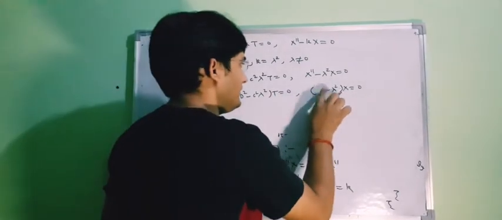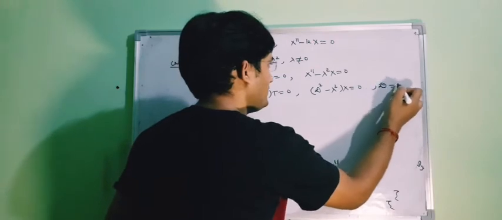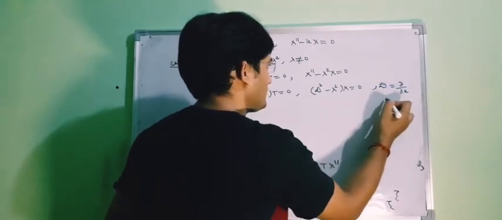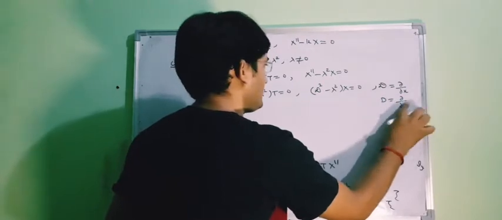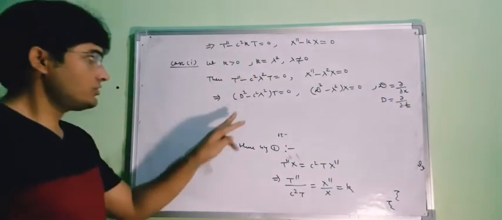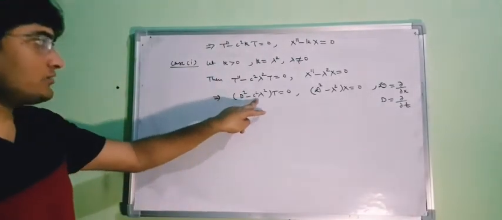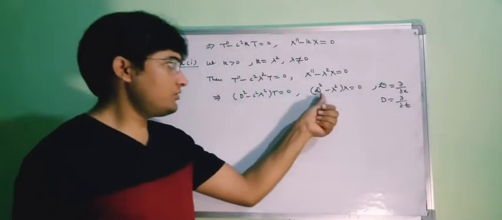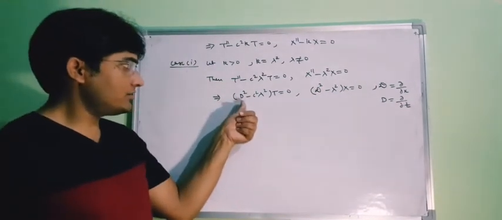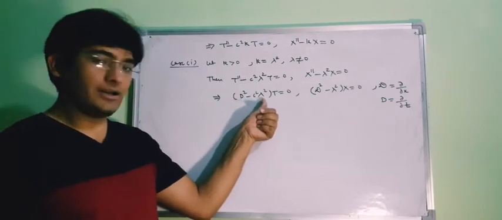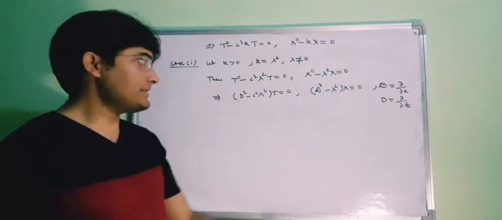Here the rounded d is the partial differentiation with respect to x and D is partial differentiation with respect to t, that means small t. So its auxiliary equation will be m² minus c² λ² equal to 0, and here m² minus λ² equal to 0. So from here we get the roots as cλ and minus cλ, and here plus λ or minus λ.